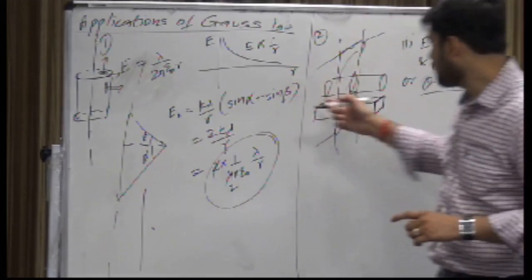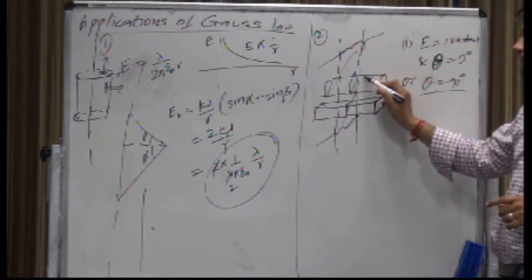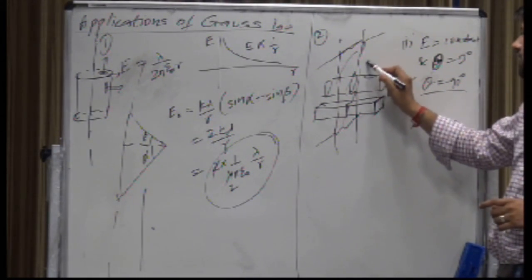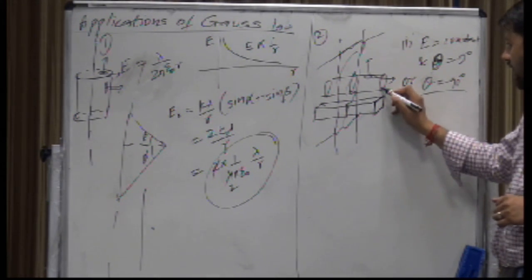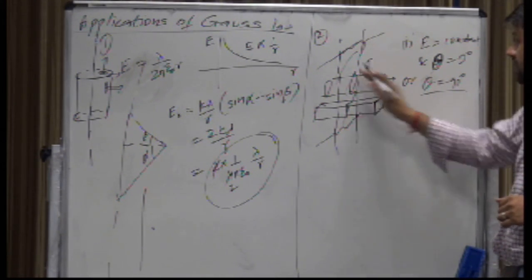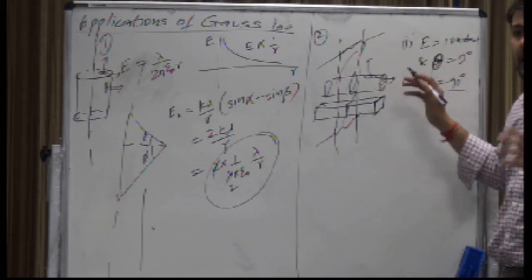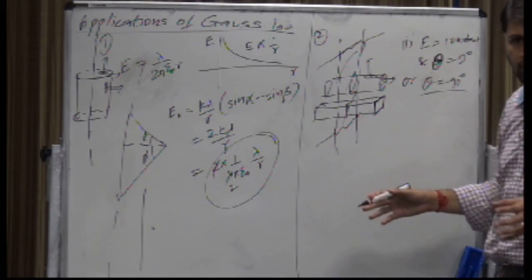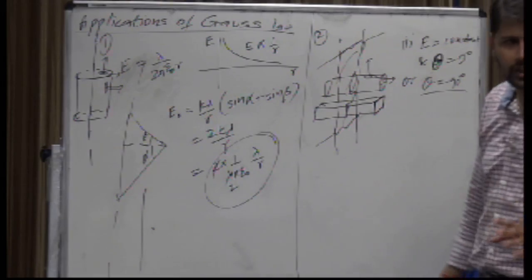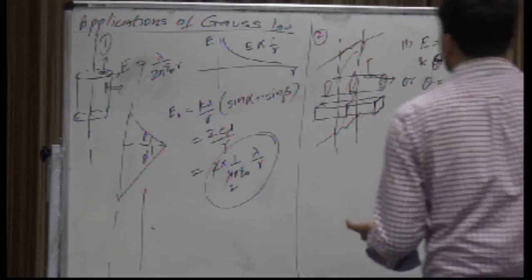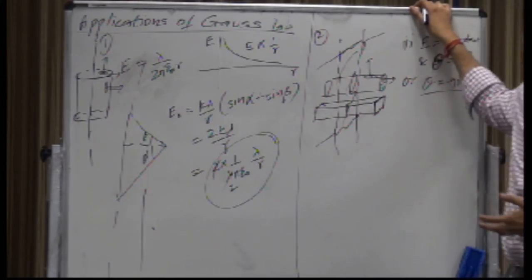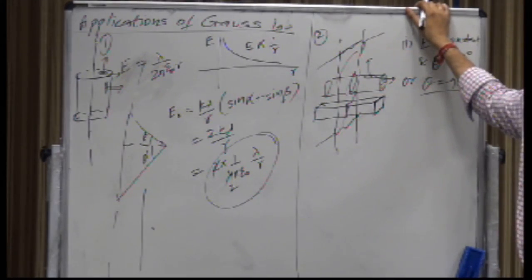What about this kind of arrangement? On the curved surface, E is perpendicular, while on the flat surface all points are equidistant from the sheet, so they would have the same magnitude. So how is symmetry determined? All the points on a surface should be equidistant from the charge.